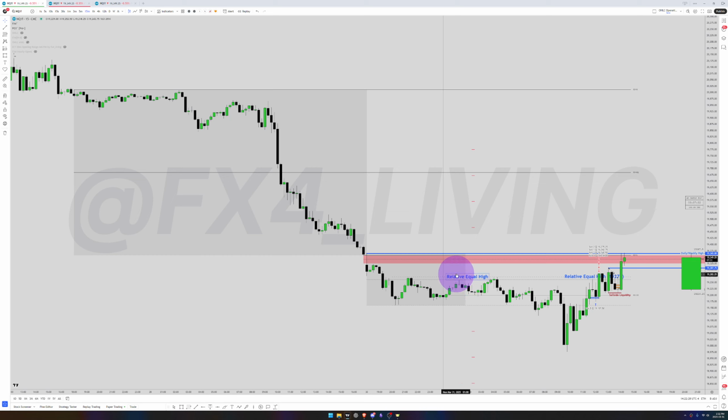At 2 a.m. in the morning, we engaged that buy side, like this one right here, that swing high, which is 50% of the current daily range.